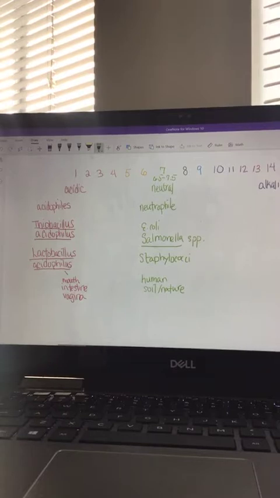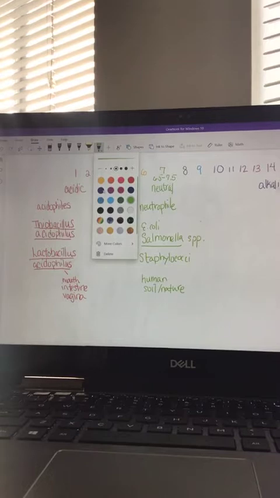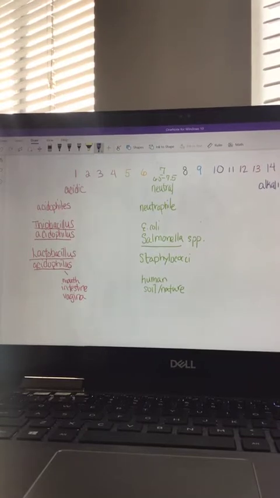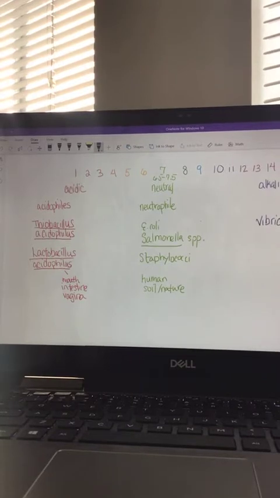And we are going next to alkalinity. Now alkalinity, go to blue. With alkalinity, the microbes that we see here are Vibrio, and this is a very famous one that most people know because this particular microbe causes cholera.